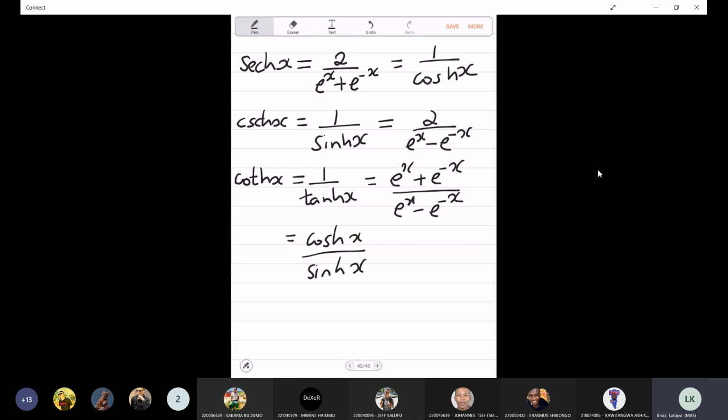The first one, look at some identities. The first one is, okay, so we want to work out what is hyperbolic cos squared minus hyperbolic sine squared of x equal to. So we know what each of these are, so we can write them in fraction form and then work it out.